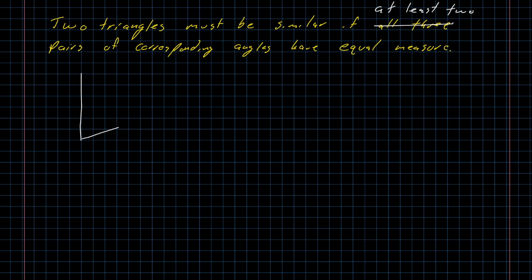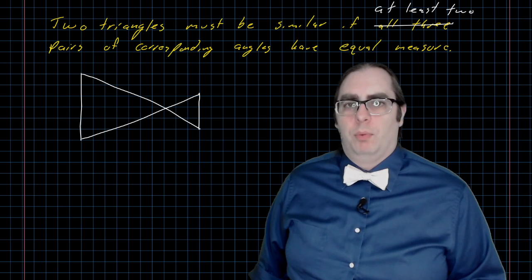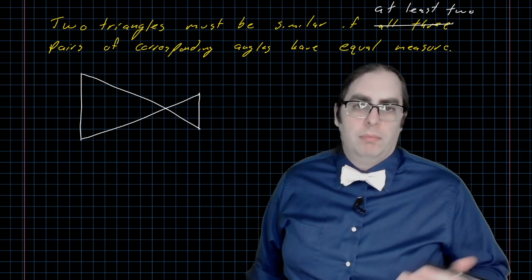All right. So with that in mind, let's draw a picture. This figure is sometimes referred to as a bow tie figure. I have no idea why people think it's one of my favorite figures, but there we have it.